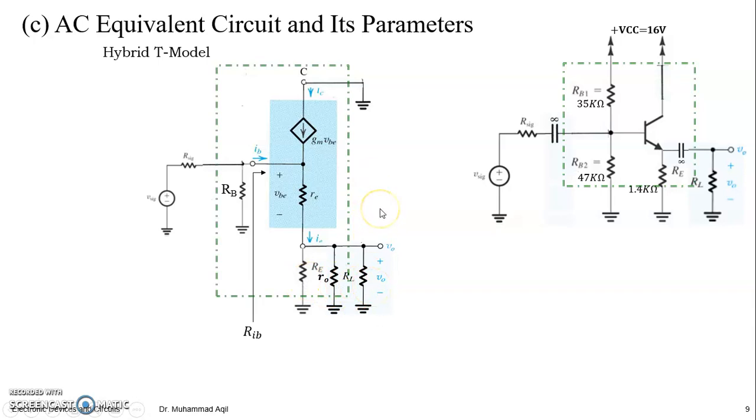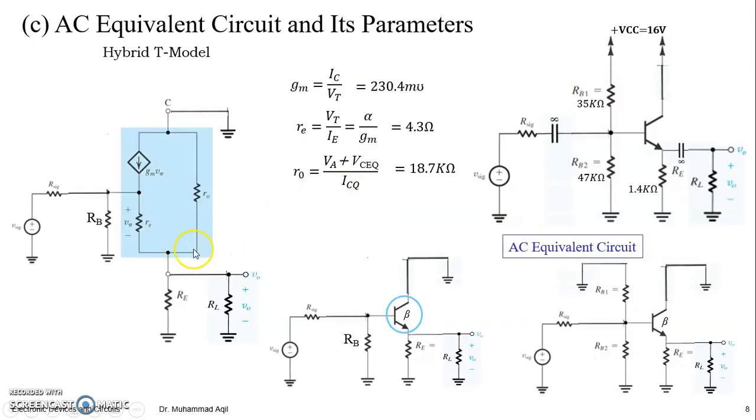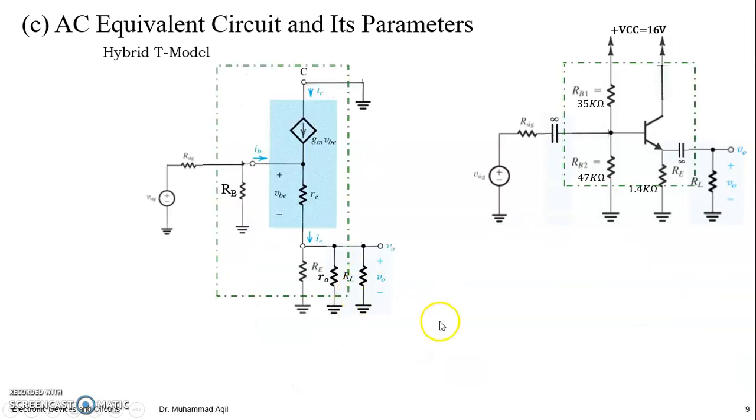Let me introduce one thing, that here you have R0 to ground, right? This terminal of R0 is grounded and this terminal of R0 is the same as with RE and RL. But the other terminals of RL and RE are also grounded, so it means R0 is parallel with RE and RL, right?